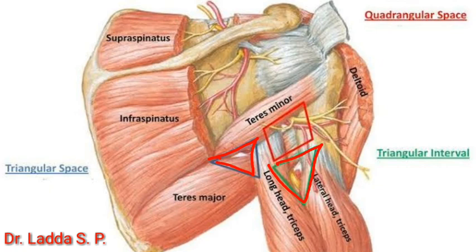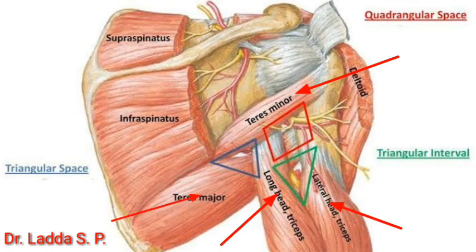Now, to simplify it, it is wise to consider three muscles. One is teres minor, second is teres major, and third is the long head of the triceps muscle.